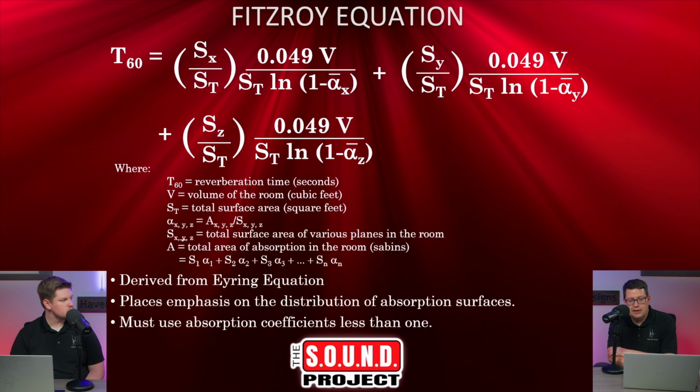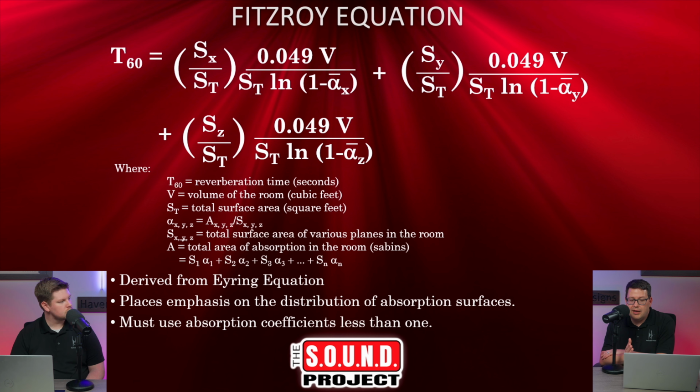You see that you've got pretty much the same equation multiple times, and you'll notice you'll have the Sx, Sy, and Sz portion of this equation. That's the north-south walls, east-west walls, and floor and ceiling, the X, Y, and Z dimensions. And essentially, the Sx is going to be the total surface area of various planes in the room, divided by St, which is the total surface area, square feet, of all the surfaces in the room.